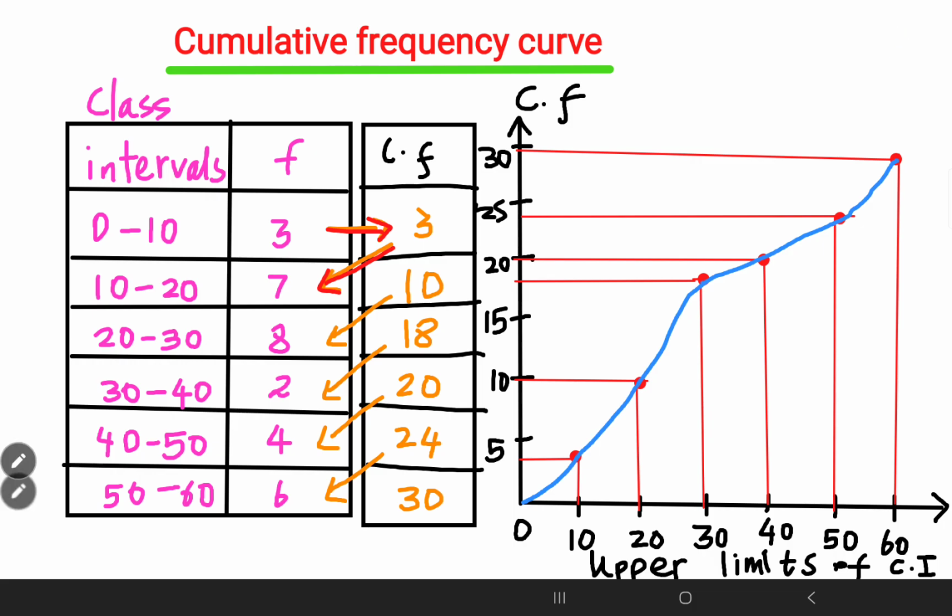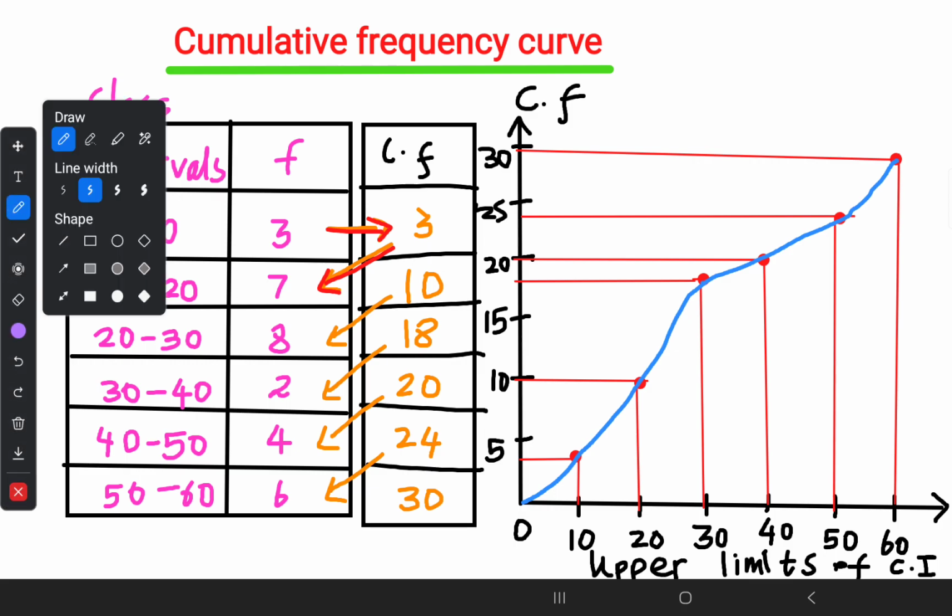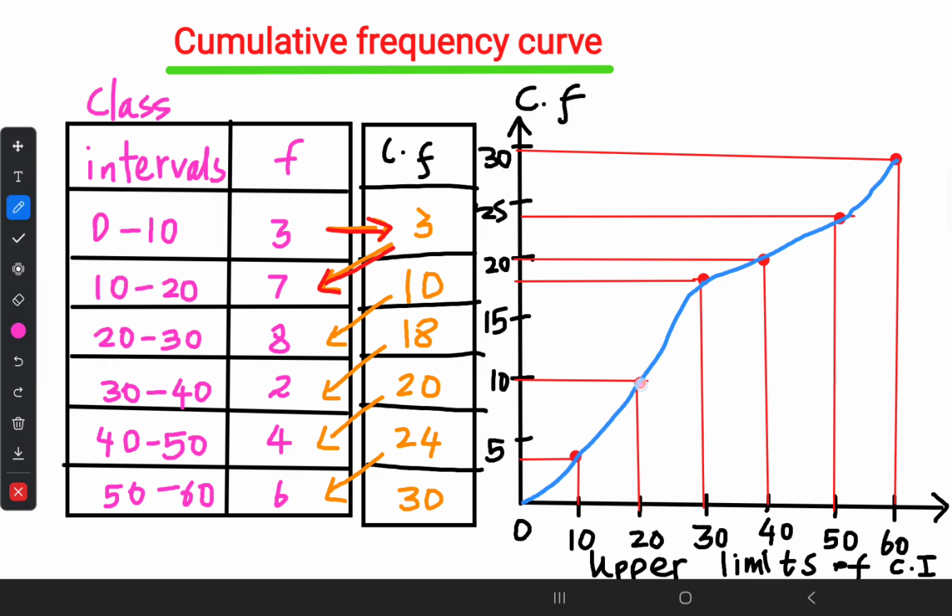As I mentioned before, while drawing the cumulative frequency, you have to draw the precise location of each coordinate, the upper class limit and the corresponding cumulative frequency. Precisely mark the point.